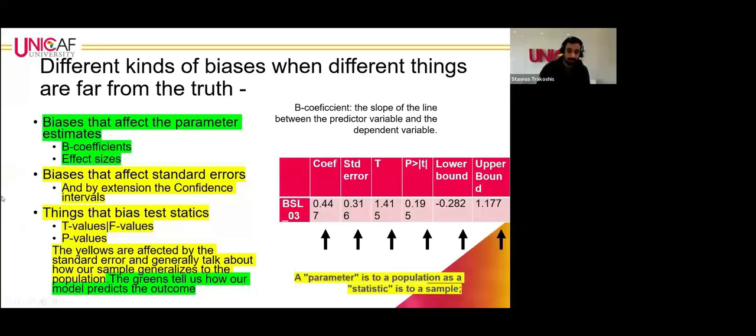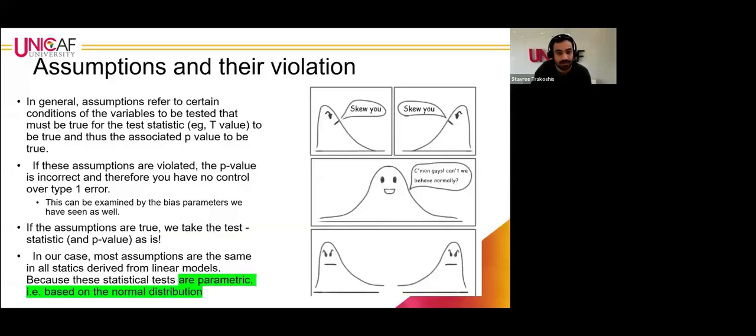But if there are issues with the parameter estimates, then I have a within sample problem. So the way I predict the outcome variable might not be the best. And depending on your question and the applications of the model, you can decide which one you need to fix, or the way to fix it. But we will look at this perhaps later on.